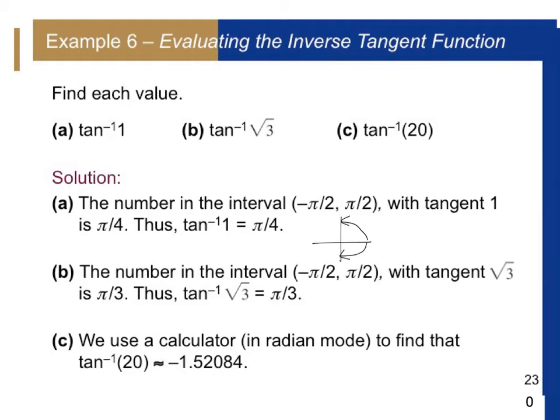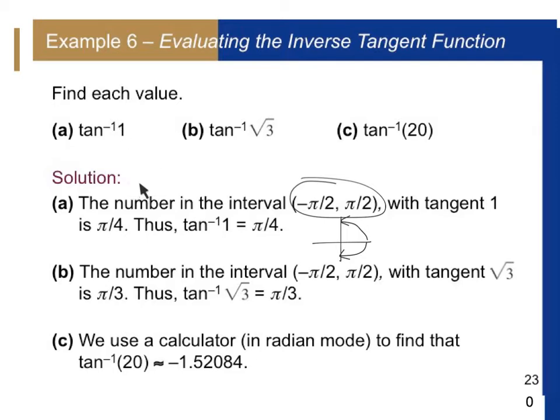We can only go plus pi over 2 or minus pi over 2. To get a tangent of 1, you'll remember that's when we're halfway through the first quadrant, which is pi over 4. So inverse tangent of 1 is pi over 4. Again, interpret this as looking for an angle either going this way to plus pi over 2 or this way to minus pi over 2 where our tangent is equal to 1.